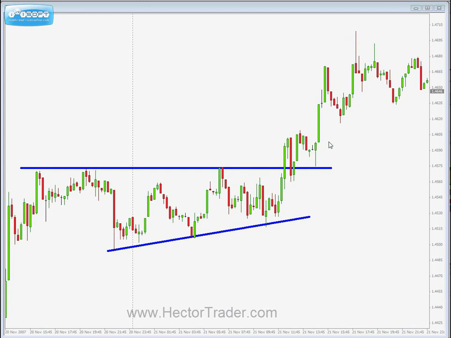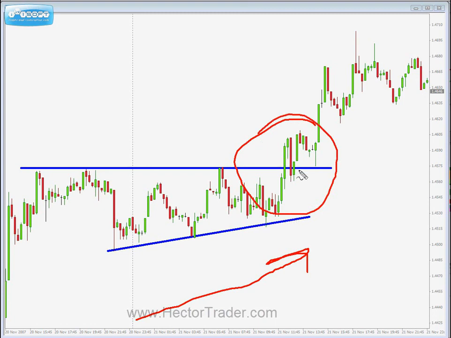Like I said, trading is about stacking odds in your favor. Trading in the direction of the main trend, a breakout in the direction of the main trend, and with the confirming pattern of a breakout pullback continuation, it stacks up different odds in your favor, and that's the type of trading situation you want to be involved with.